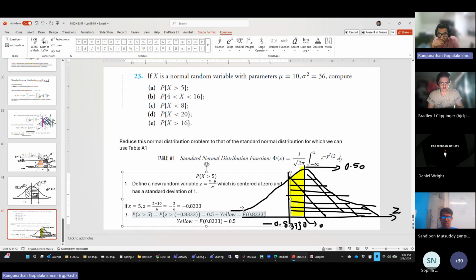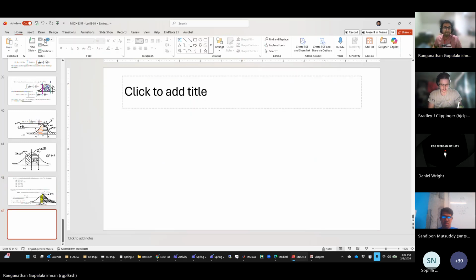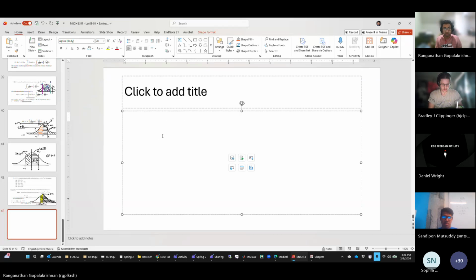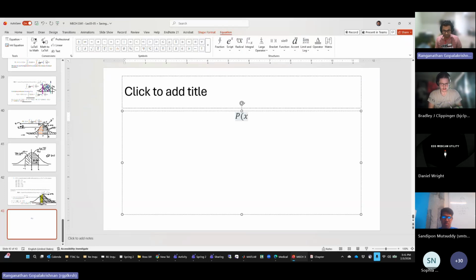So x greater than 5 is z greater than... probability of x greater than 5 is probability of z greater than minus 0.833.